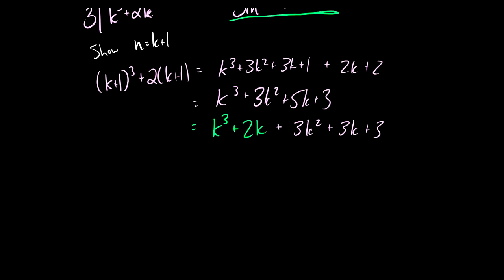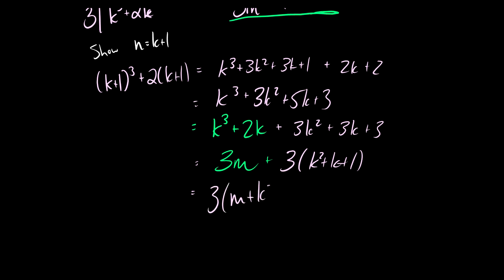Good news. So now our k cubed plus 2k, we said that was equal to 3 times m. And with our remaining, we can factor out a 3. It's going to be 3 times k squared plus k plus 1. And then we can factor out a 3 from our 3m as well. This is going to be 3 times m plus k squared plus k plus 1.